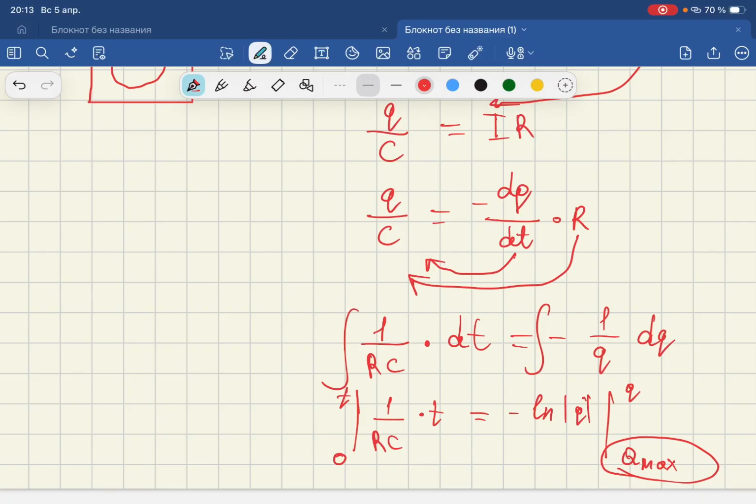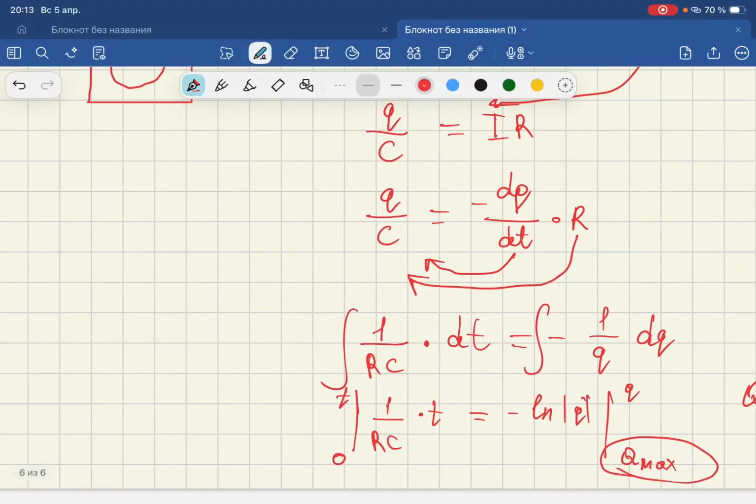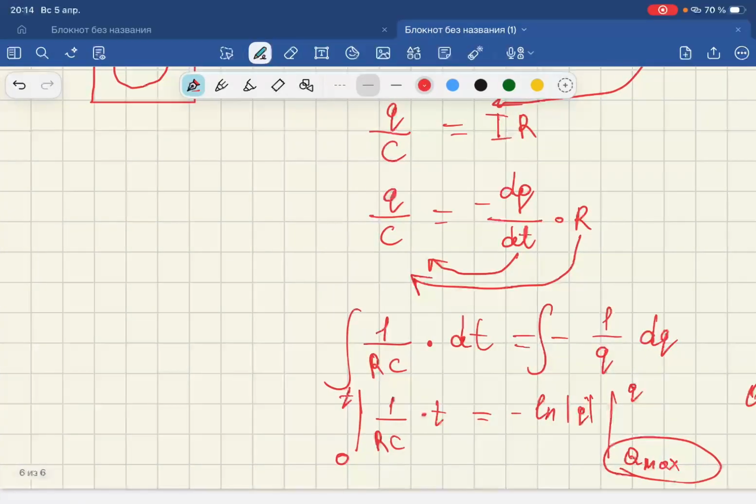There we have Q max, equal to 50 microcoulomb. Let's write the equation. 1 divided by RC times t. Sorry, I missed the dt, because we took the integral already.